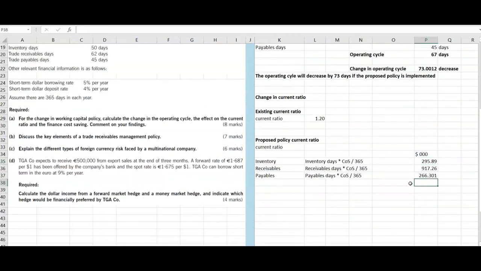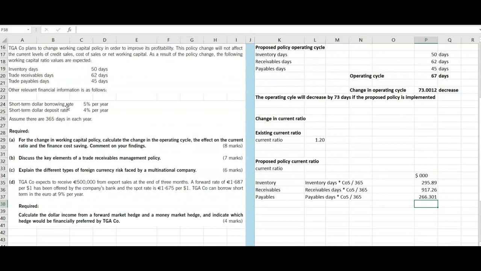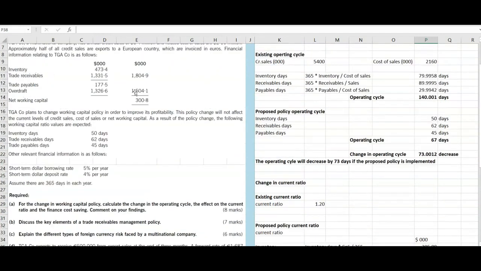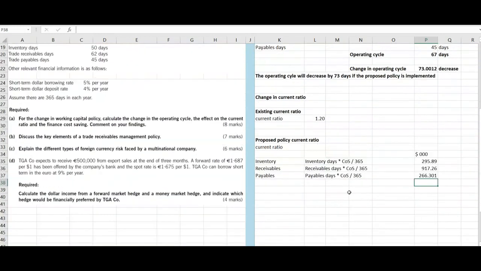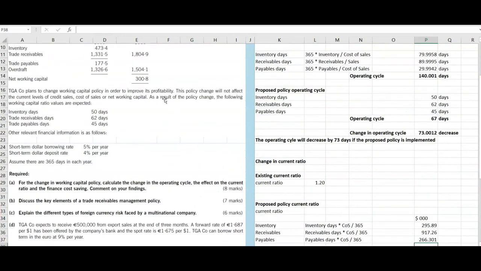We got it. So now we can find out the current ratio, but there is a problem, because here we have the overdraft, but there we don't have the overdraft. So we have to find out the overdraft number. They have indicated in the question that this policy will not affect the current levels of credit sales, cost of sales, or net working capital.